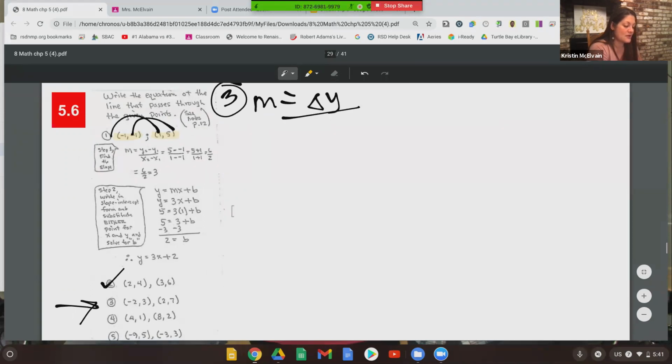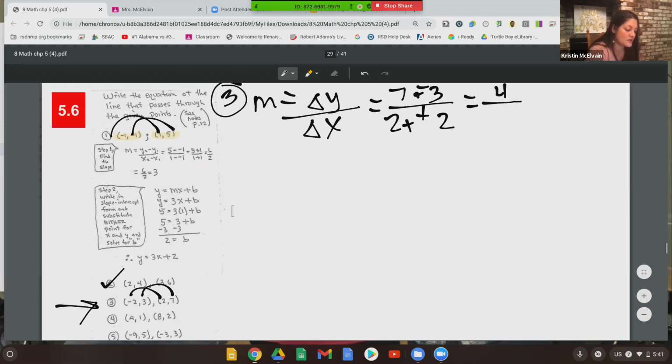Change in y over change in x. So we're going to go 7 minus 3 over 2 minus negative 2. Of course, we're going to add the opposite. Gives us 4 over 2 plus 2 is 4. So we have a slope of 1.